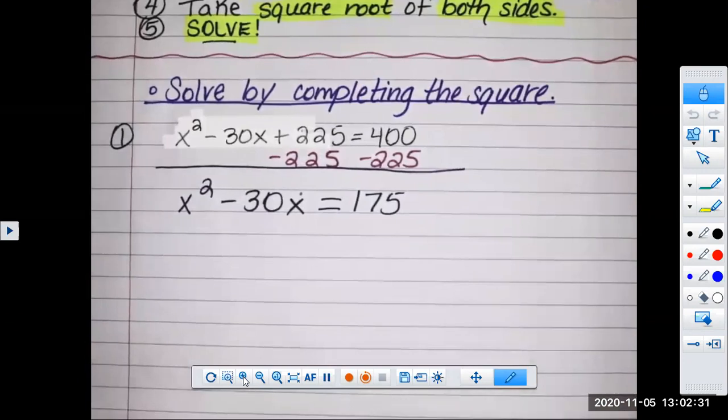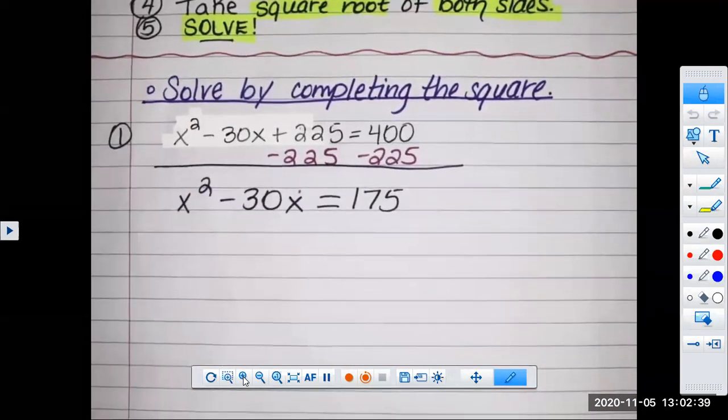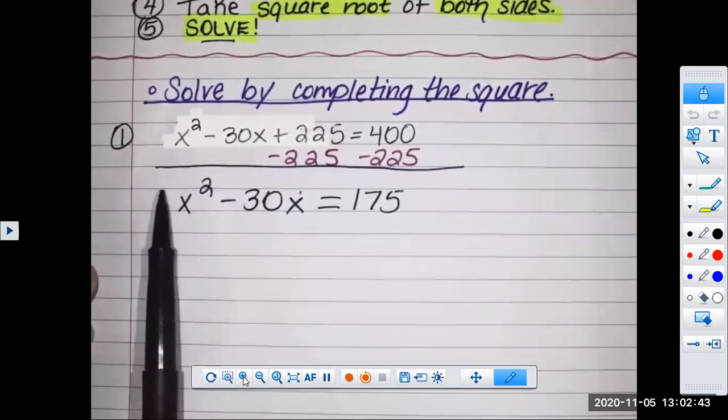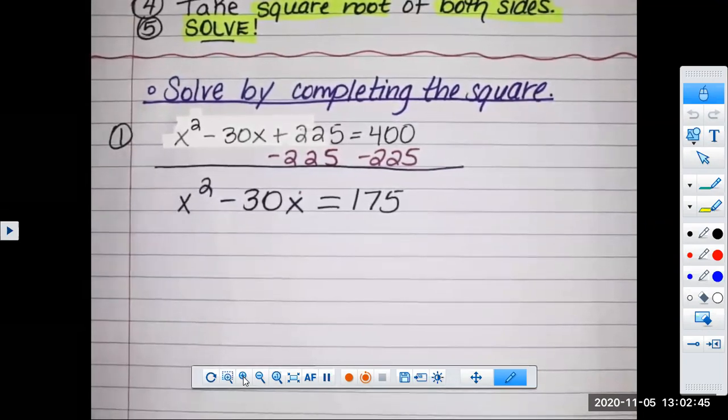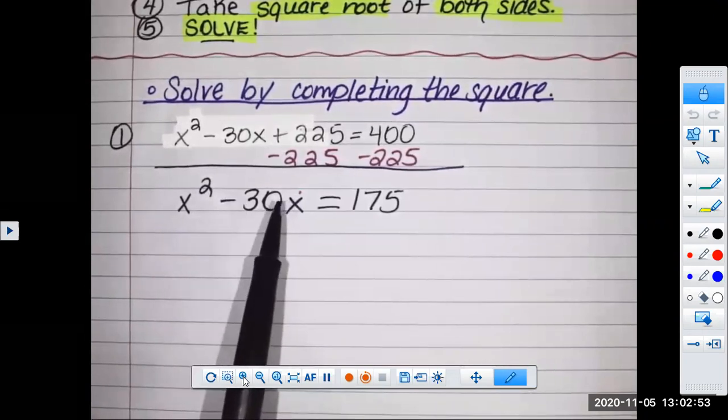Okay, so another thing in step 1, you needed to make sure that x squared is positive and it doesn't have a coefficient other than 1. So we're good. We got positive 1 in front, good to go. So then we move on to step 2. It says you take half of this x term.